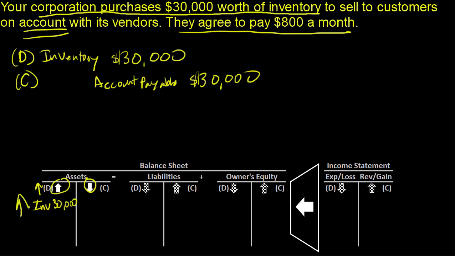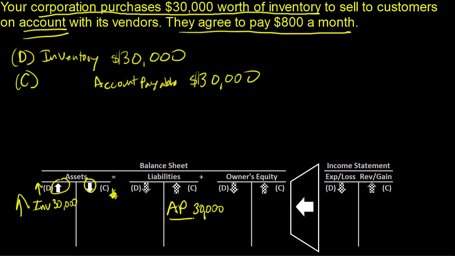That's increasing our assets. And there are two ways that usually we get inventory. We will have either a credit of cash, which we don't have because the problem said it's on account, which would reduce it and keep it in balance, or we'll have a credit of accounts payable, and we'll put it as AP and 30,000 here.